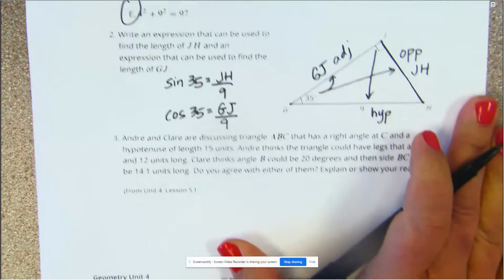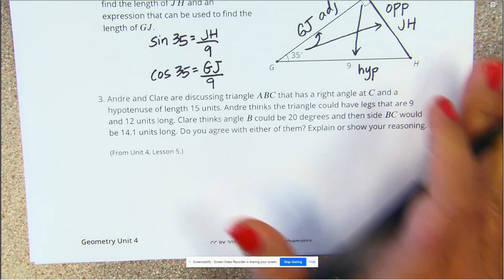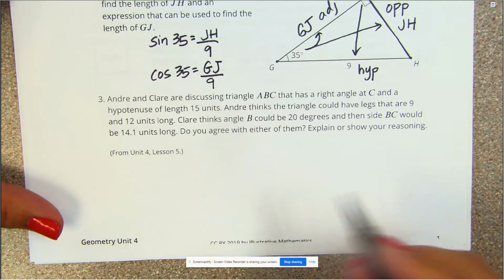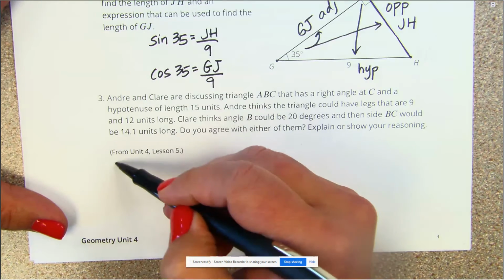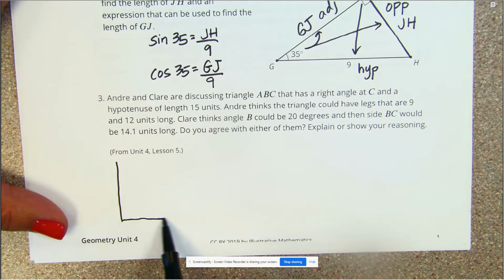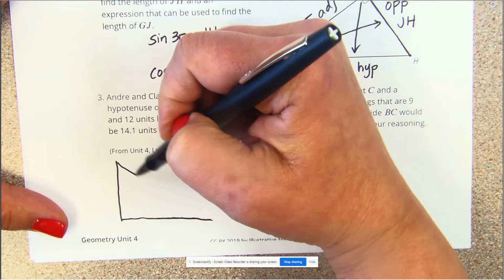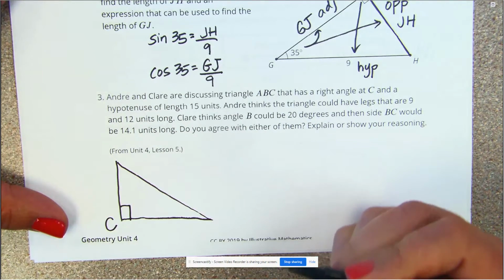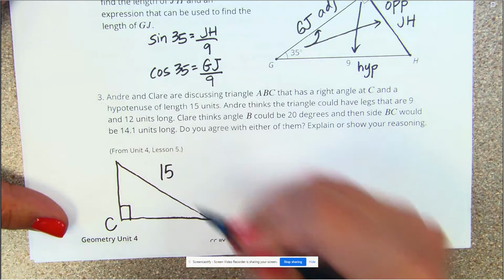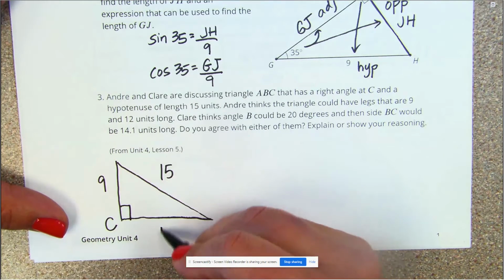Number 3, Andre and Claire are discussing triangle ABC that has a right angle at C and a hypotenuse of 15. Andre thinks the triangle could have legs of 9 and 12. So let's draw this out. So right triangle at C, hypotenuse of 15, and Andre says he thinks it can have legs of 9 and 12.